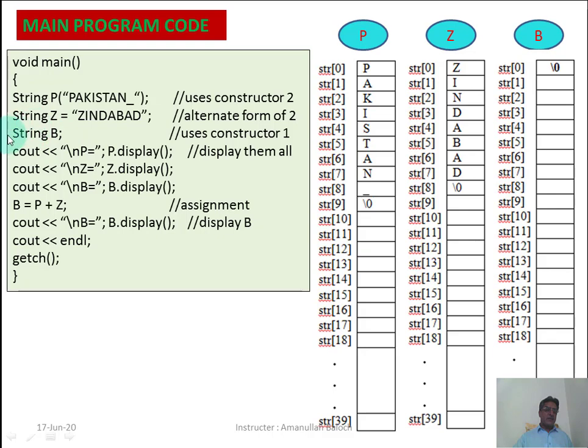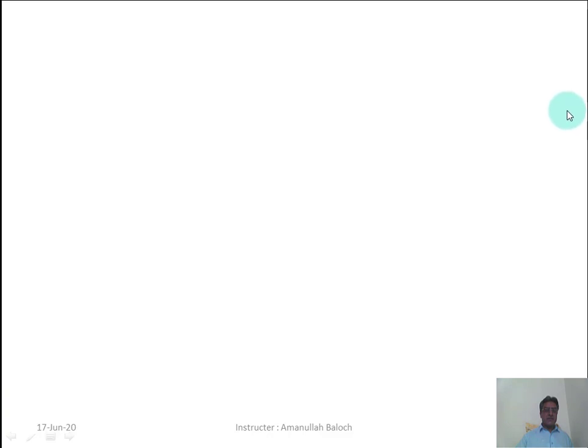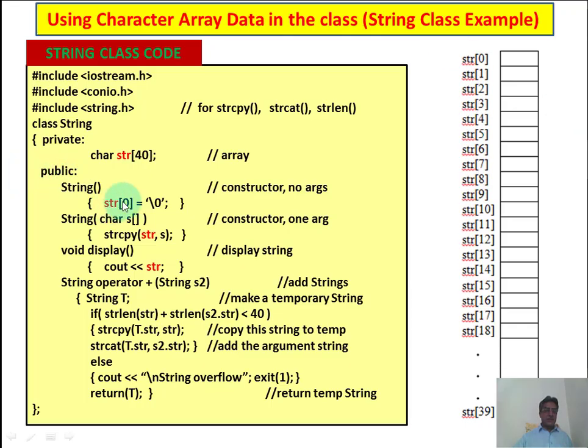B is a string class object, and here B has no value. B does not contain any value, so the no-argument constructor, constructor 1, will be activated here, and it will store the null value in the memory of B. Here you can see the null value which is assigned by this specific constructor.